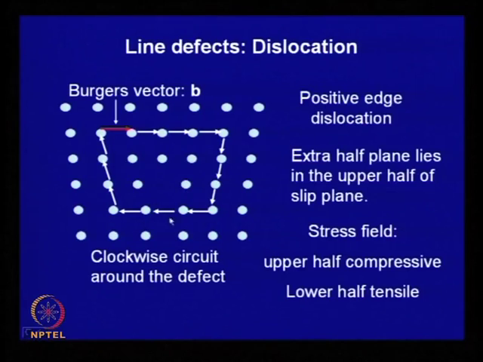The lattice is strained, and this point, which represents a line, is called dislocation. This type of dislocation is called edge dislocation, which you can visualize in a crystal lattice as an extra plane of atoms here.